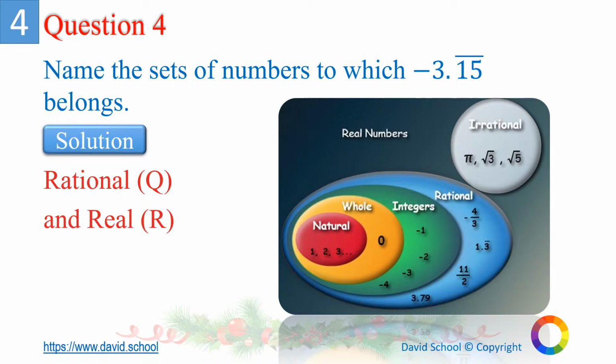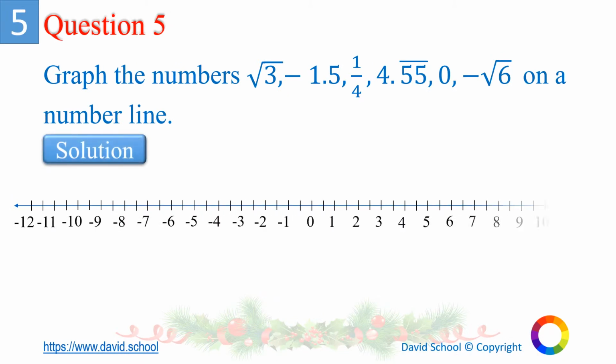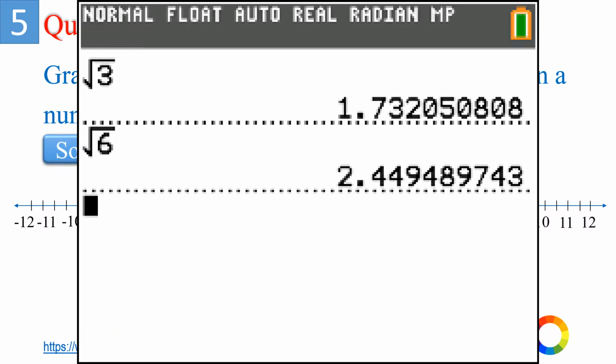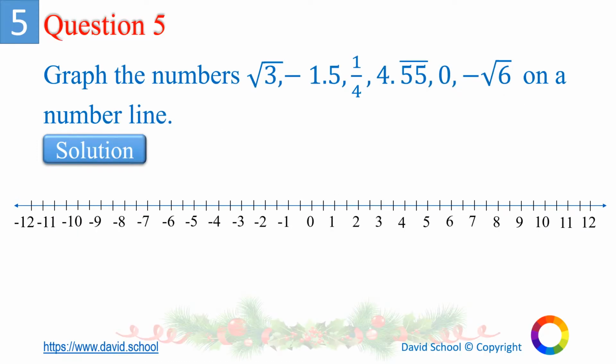Now we will place some numbers on the number line. These numbers are not integers, therefore we have to be careful when we plot these numbers on the number line. First we will start with square root 3. Square root 3 is an irrational number. If you plug it in a calculator, it gives 1.732 and so on.